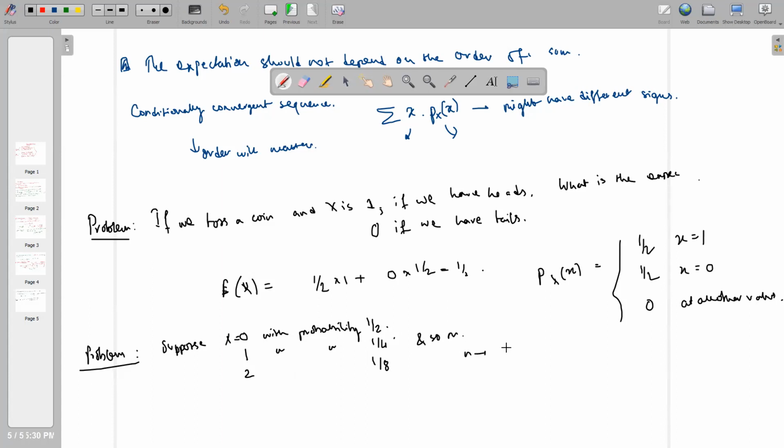Essentially n with probability 1 by 2 to the power n plus 1, right? So here x can take on infinitely many values, but still countably many, right? So what is the expectation of x?